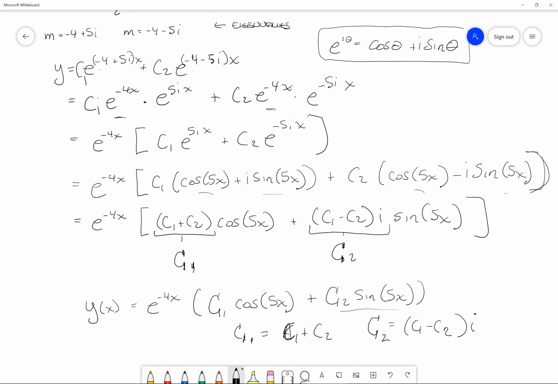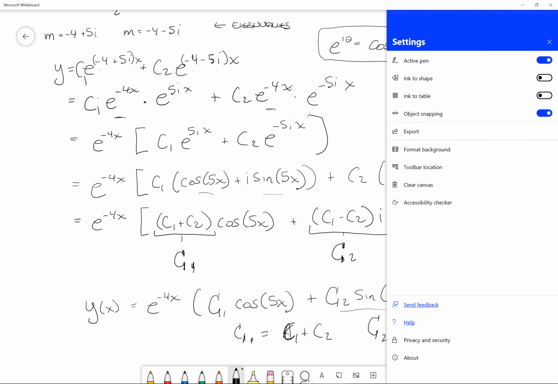Okay, let's take a look at another problem. Let's go here and clear the canvas. All right, let's take a look at one last problem. So our differential equation here is y double prime plus 2y prime minus 2y is equal to 0.